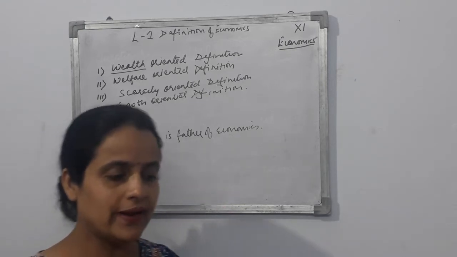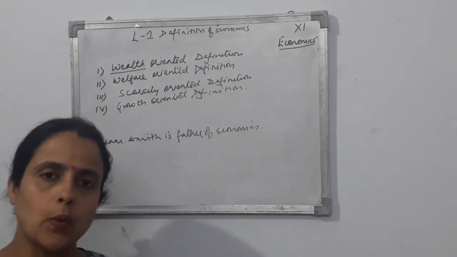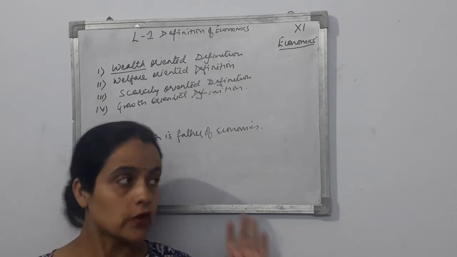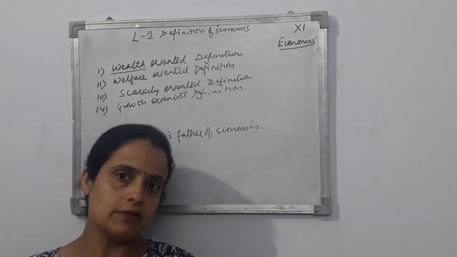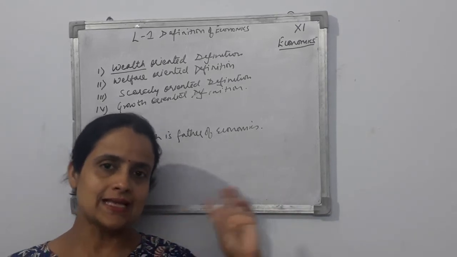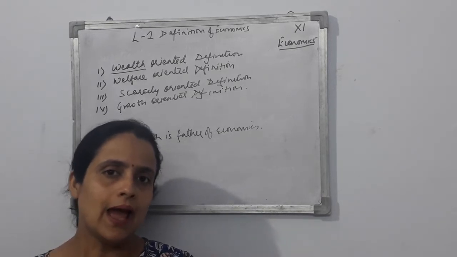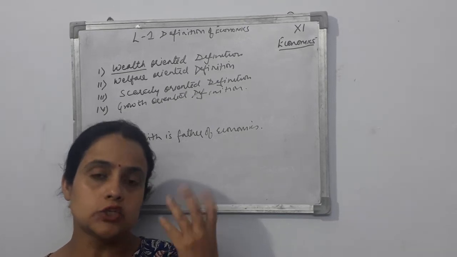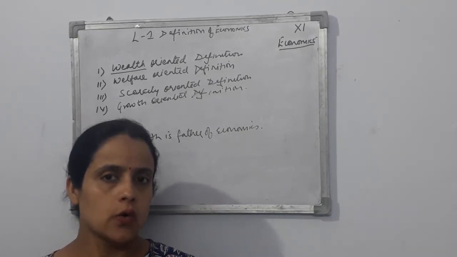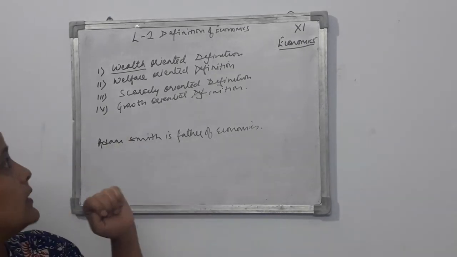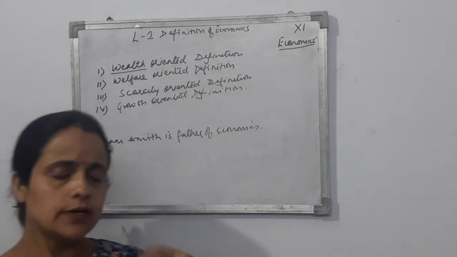So the definition given by Adam Smith, the father of economics, revolves around only wealth. He says that economics is related to wealth, how to create wealth and how to enjoy wealth, and everything revolves around wealth, right? So this was the first definition given by Adam Smith. We are going to read in detail.